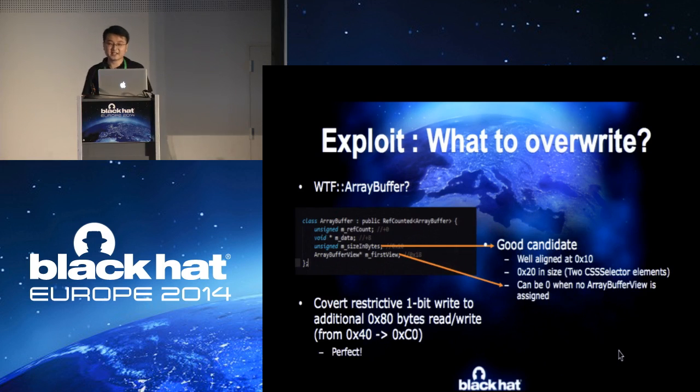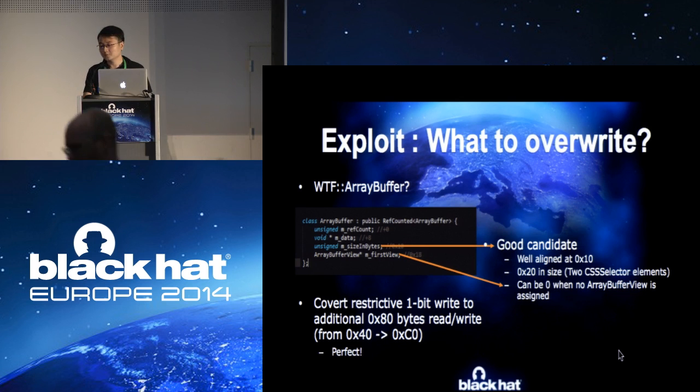So the next candidate should be the WTF array buffer. Look at its structure. It is mref count followed by mdata, which is the real buffer pointer pointing to the buffer, and the next is the size of the buffer, and the last one is the m first view, to which the array buffer view is assigned.